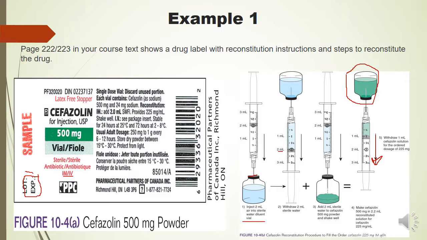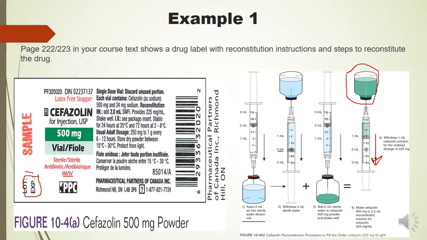So, when we look at our cefazolin for injection, it's a 500 milligram vial, and you can see the indicated use here is for IM or IV administration only. So, we're not injecting it subcutaneously, we're not injecting it intradermally, only by manufacturer recommendation. It's IM or IV and that's it.